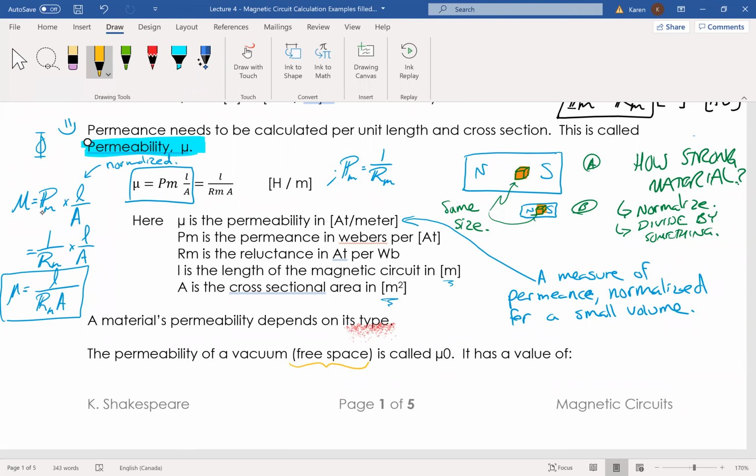Permeability of free space is 4 times pi times 10 to the negative 7 Weber per amp turn meter. So 4 pi times 10 to the negative 7 is the permeability of free space. We just use this as a reference number.